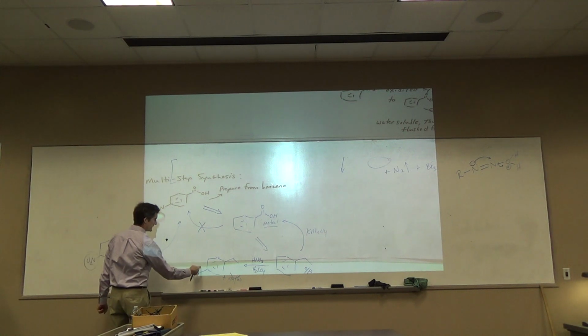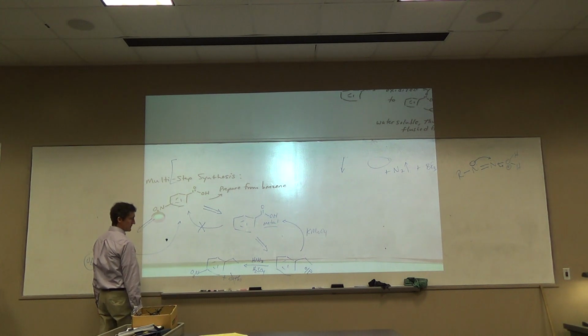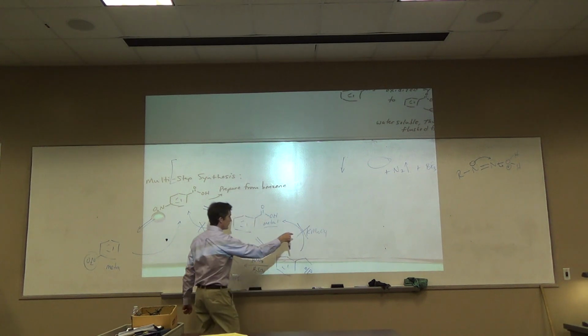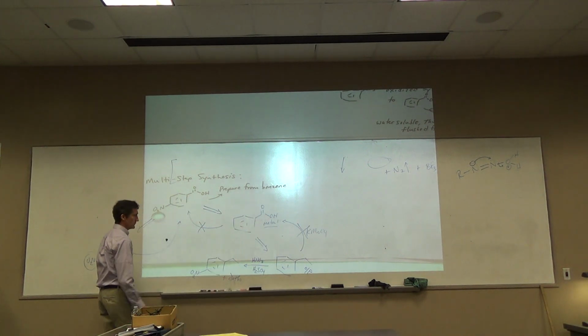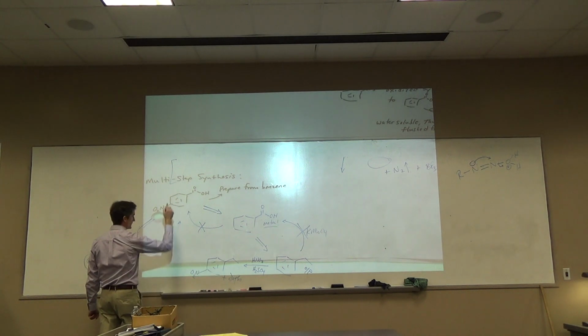Now what do we want to do with this? You can react it to make a carboxylic acid group. We really don't want to do this first. That would work, but then it turns into a meta director. We want to nitrate first. Now that we have this, what do we do to get the final product?